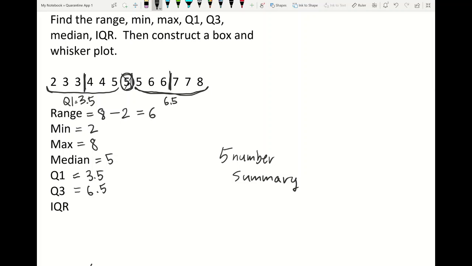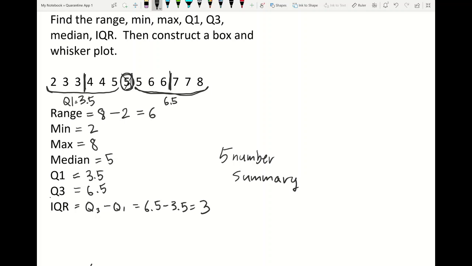Now, IQR, or interquartile range, is defined as, let's write it down, Q3 minus Q1. That means 6.5 minus 3.5, which is 3. So IQR is 3.